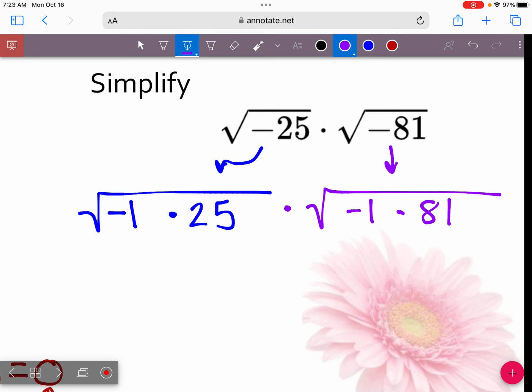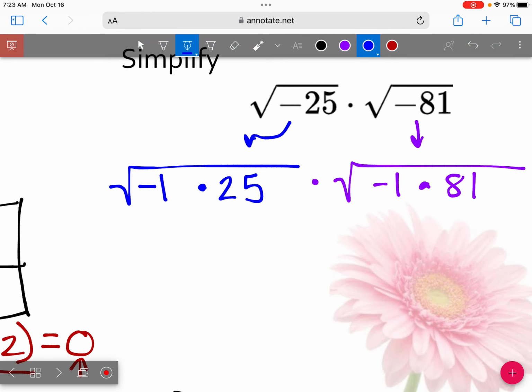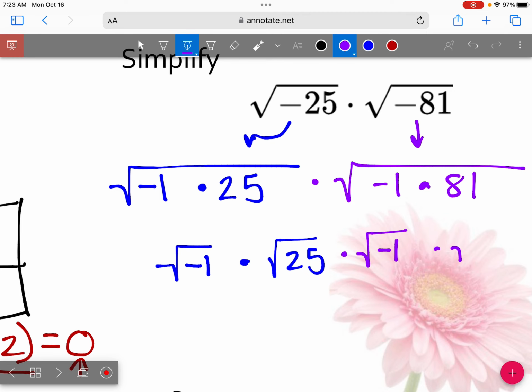I'm going to leave them as 25 and 81 because those are both perfect square numbers. So when we break this down a little further, we get the square root of negative 1 times the square root of 25 times the square root of negative 1 times the square root of 81. I have things in here I can simplify.